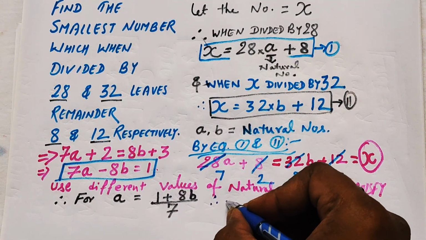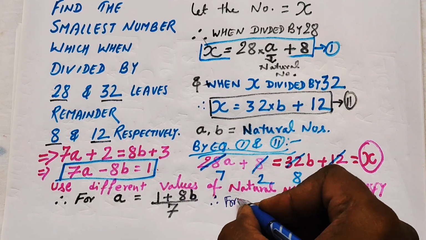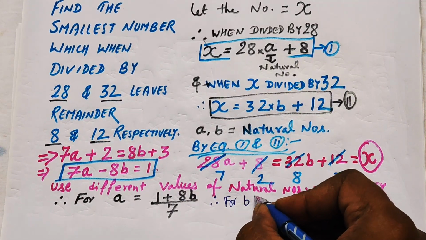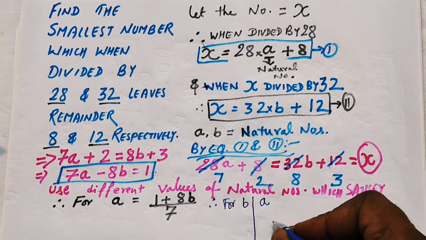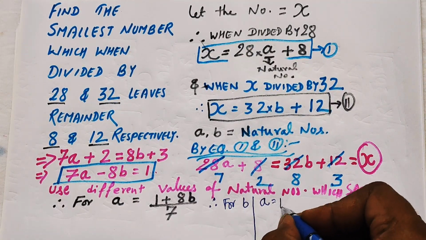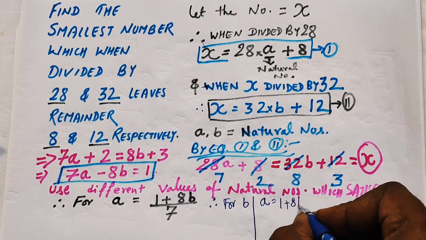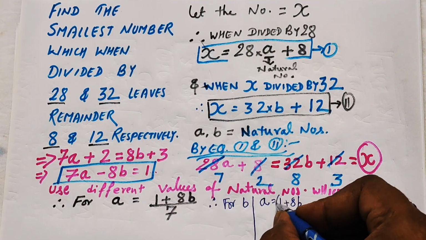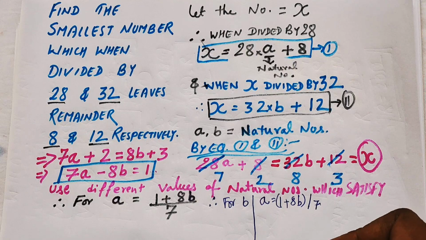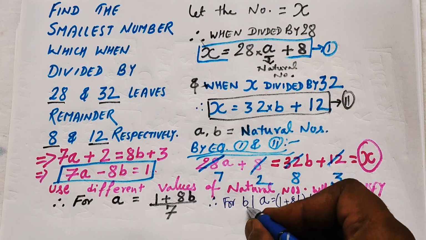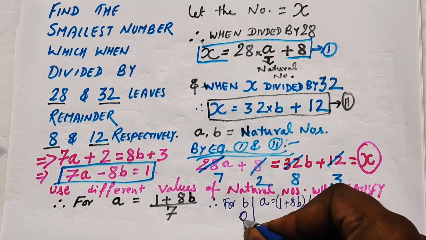So let us draw a table over here. For the different values of b, what are the values of a? Let us find it out, right? For b, the value of a is 1 plus 8b divided by 7. So when the value of b is 0, let us put 0.